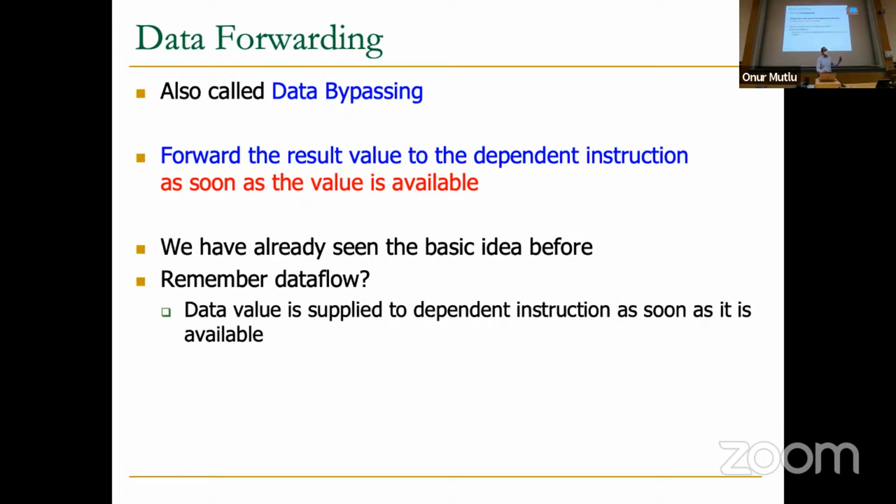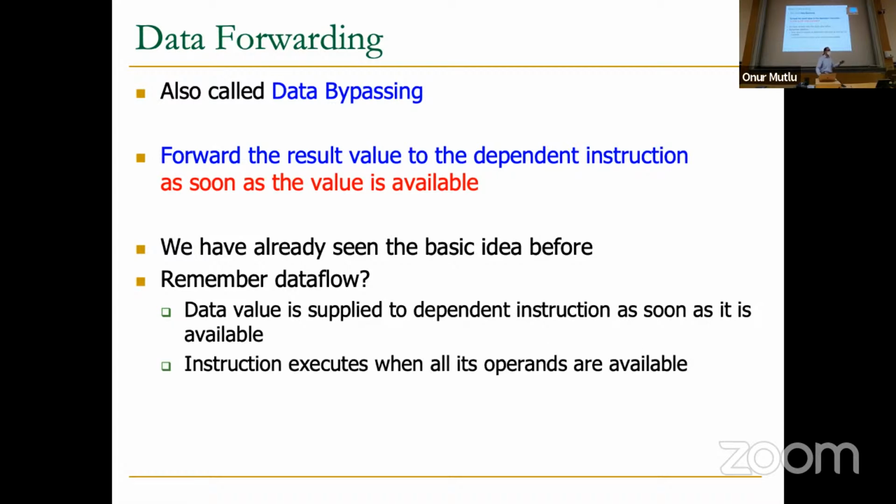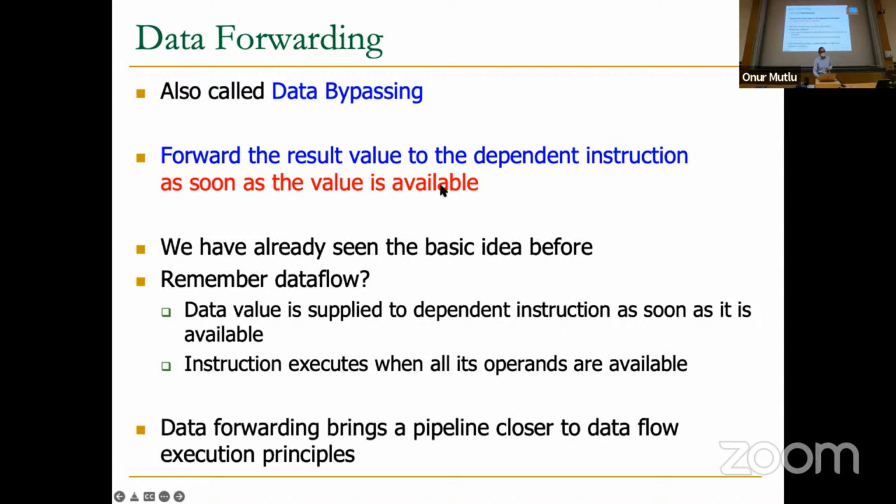The data value produced by an instruction is supplied to the dependent instruction as soon as it's available, and the dependent instruction gets fetched when all of its data operands are available. So adding data forwarding and data bypassing brings a pipeline closer to data flow execution principles. The data value gets available and gets forwarded to the consumers, and we're going to do that tomorrow. That's a great place to stop.